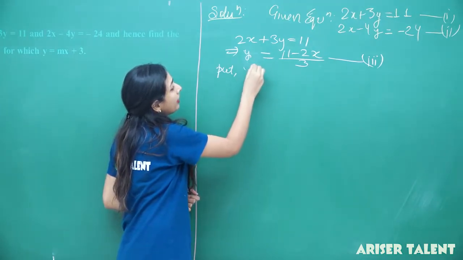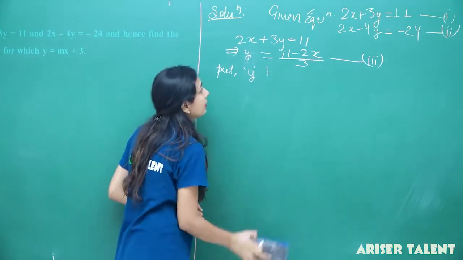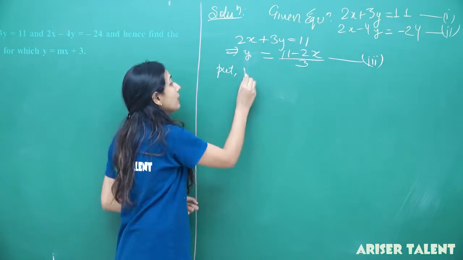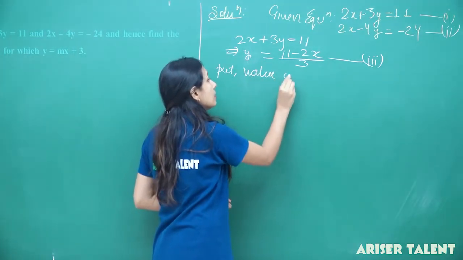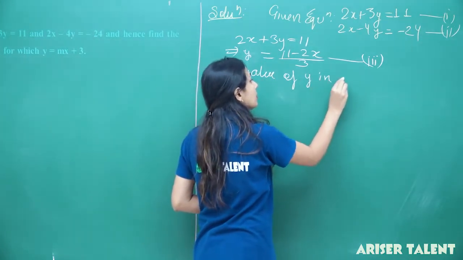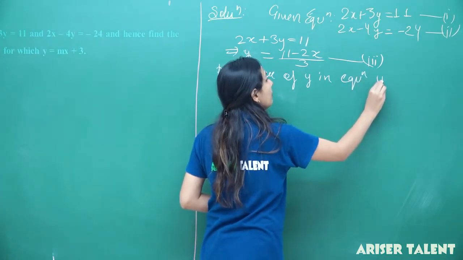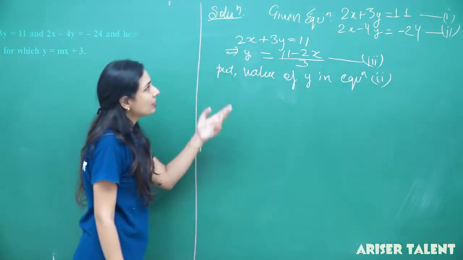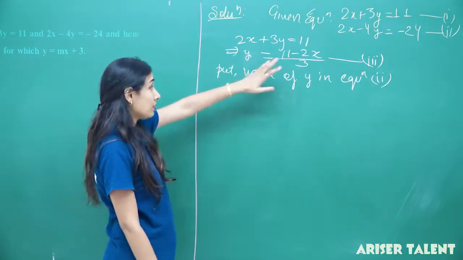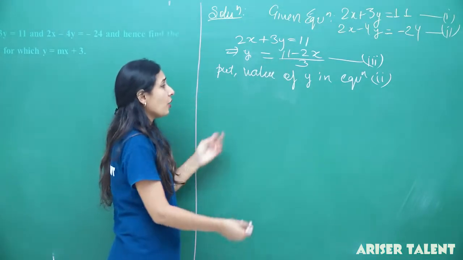Okay, so put the value of y in the equation. Which equation do you have left over? This second one. I've used the other equation, just use this one now.